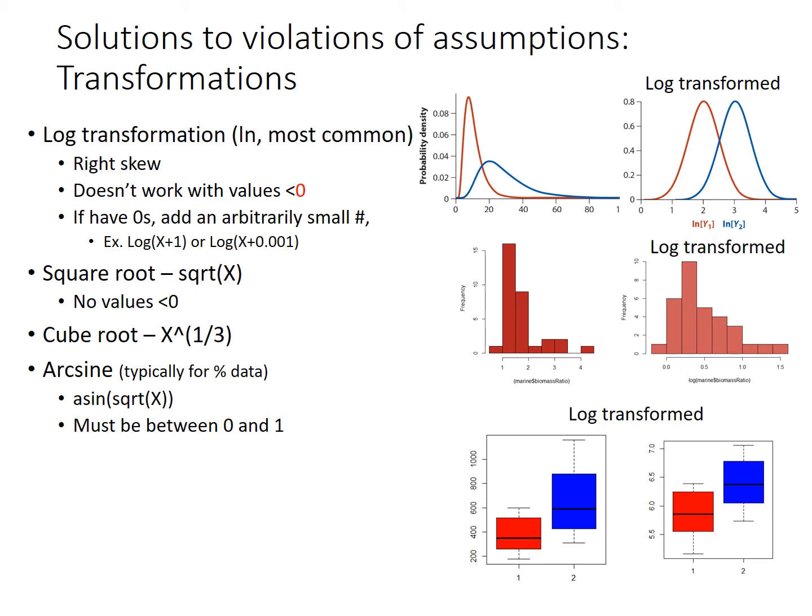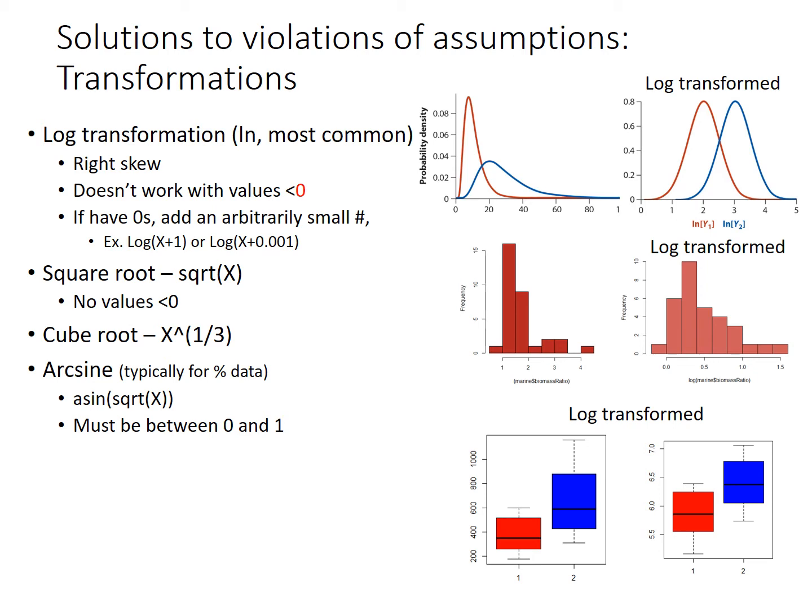Now, the downside of a log transformation is it doesn't work with anything less than a 0, so it'll just give you errors. And if you do have zeros, as long as it's not a ton of zeros, what you can do is add an arbitrarily small number to it to allow yourself to use a log transformation. So we would phrase that as taking log of your variable x plus 1, or log of your variable x plus 0.001.